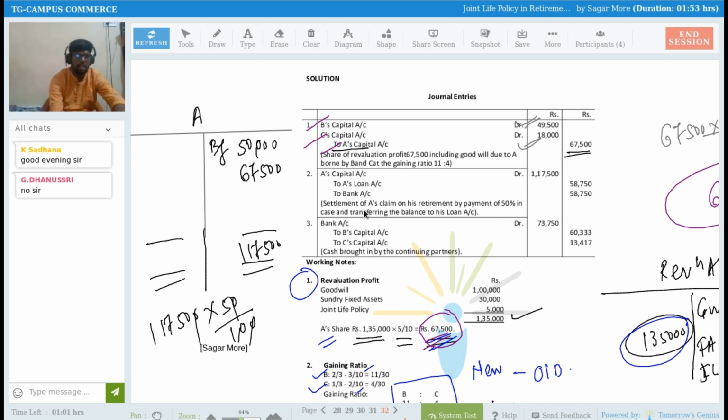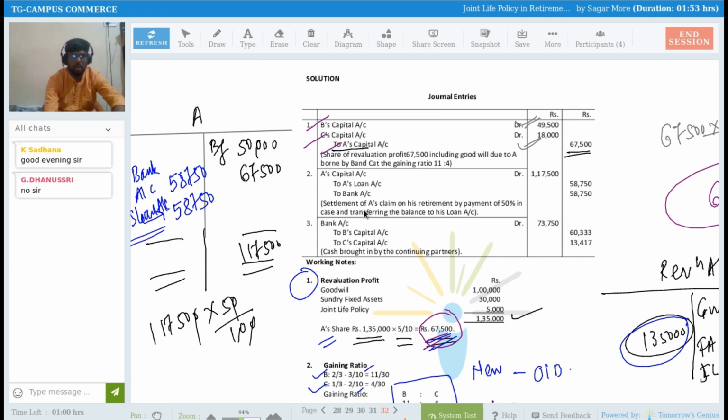So how much amount do we have to pay towards A? 58,750. Am I correct? So you are going to pay 58,750 rupees to A, and the balance 58,750 rupees you are not paying. So this balance 58,750 you have to consider as A's loan account. Understood? This will be transferred to A's loan account, right?